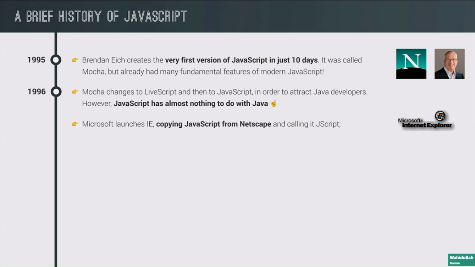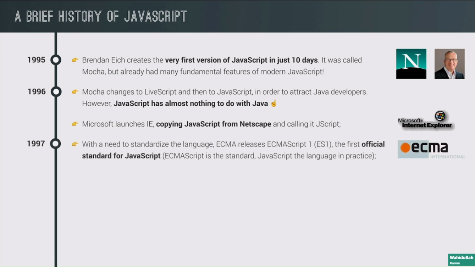And so, with the internet growing like crazy around this time, people realized they needed to standardize JavaScript. So the language was submitted to an independent standard organization called ECMA, which in 1997 released ECMAScript 1 or ES1. This was the very first official standard for the JavaScript language. And with this, every browser could now implement the same standard JavaScript.